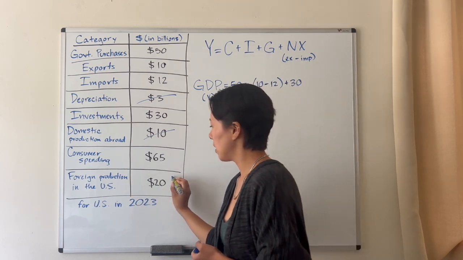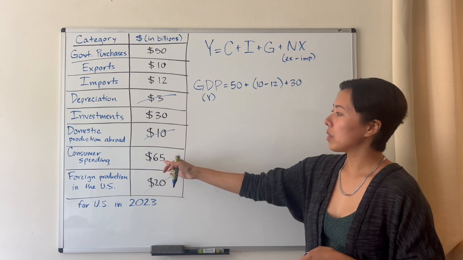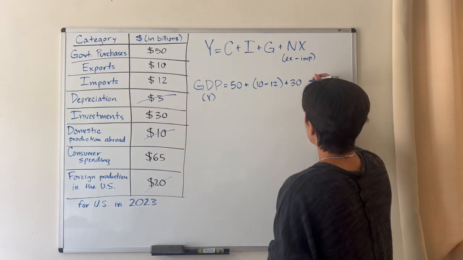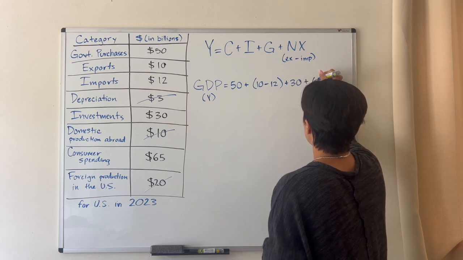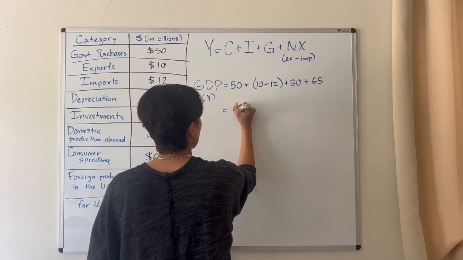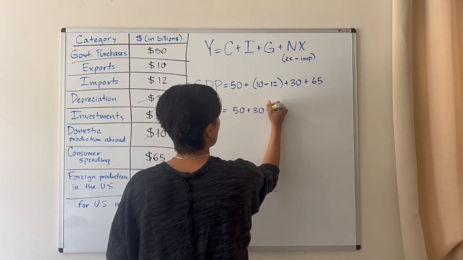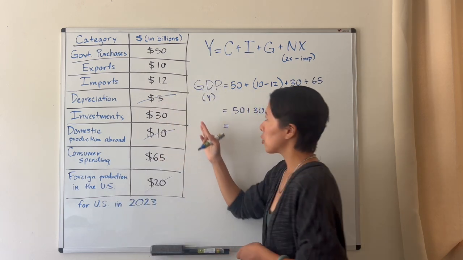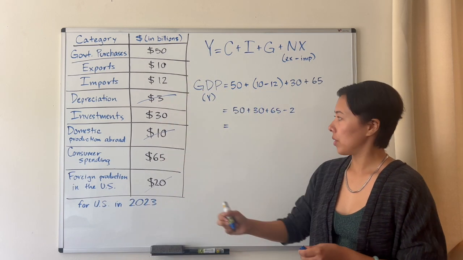We don't need that. So the last thing we're left with is consumer spending, which of course is a component of our GDP. So we'll add that in to our formula and then total everything up to get our value for GDP in 2023.